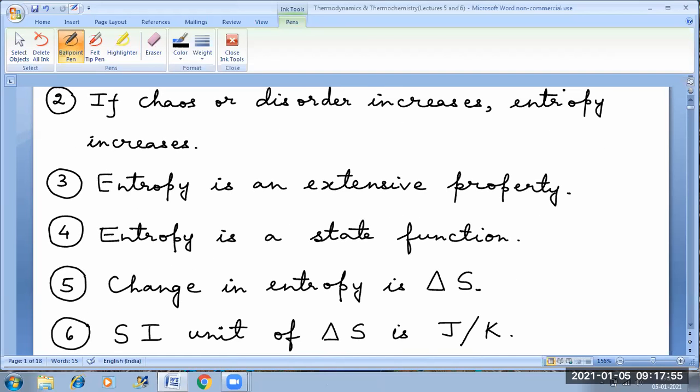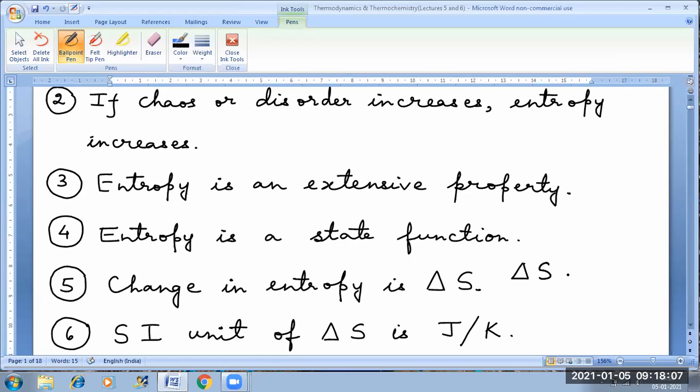Now, change in entropy is denoted by delta S. Delta is change, so delta S is nothing but S2 minus S1. S2 is the final entropy and S1 is the initial entropy.